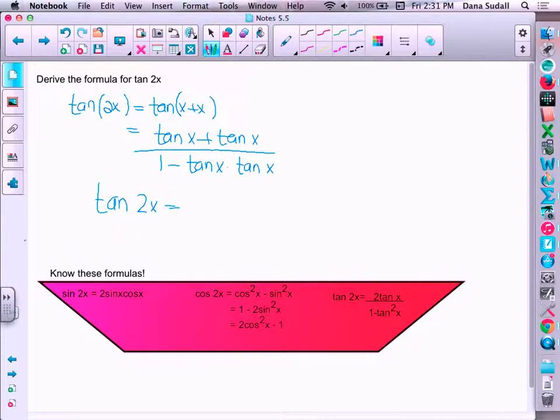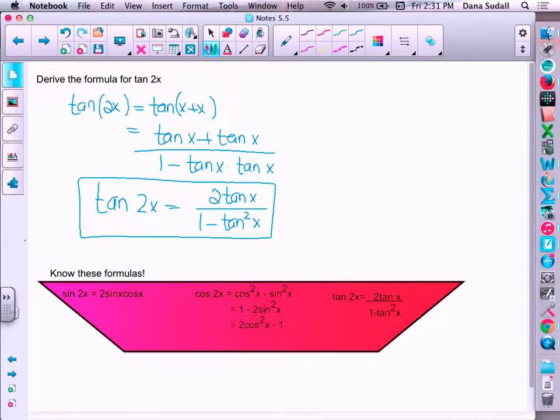So tangent of 2x, I would have 2 tangent x's in the top, and I have 1 minus tangent squared x in the bottom. So those are your 3 double angle identities that you need to know. And they're in the box. Your box, I think, is green in your booklet there.